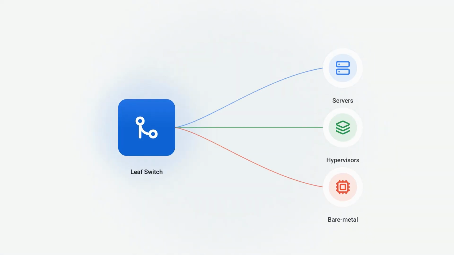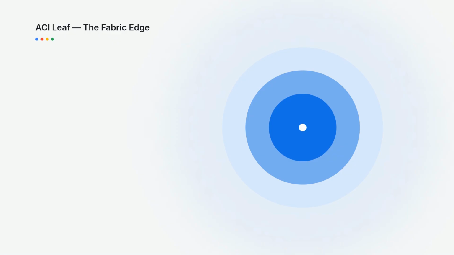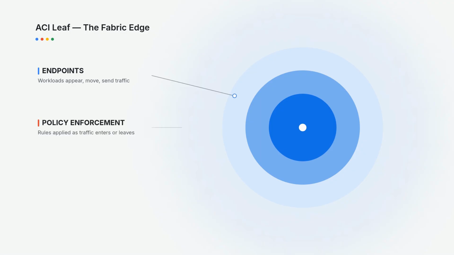Now let's separate the two switch roles more precisely because a lot of confusion disappears once you stop treating leaves and spines like interchangeable boxes. Leaf switches are the fabric edge: servers, hypervisors, bare metal hosts, service devices, and external connections attach at the leaf layer. In ACI, the leaf is where the fabric first learns about endpoints as they appear, move, and send traffic.